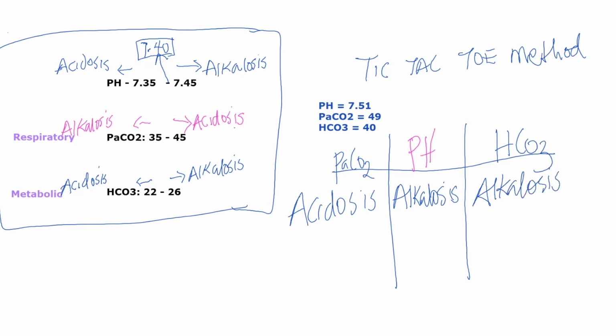Now you go back to your pH and ask yourself: my pH is alkalosis, so which of these two matches my pH? The one matching it is my HCO3, and remember, your HCO3 represents your metabolic, which is your kidney.